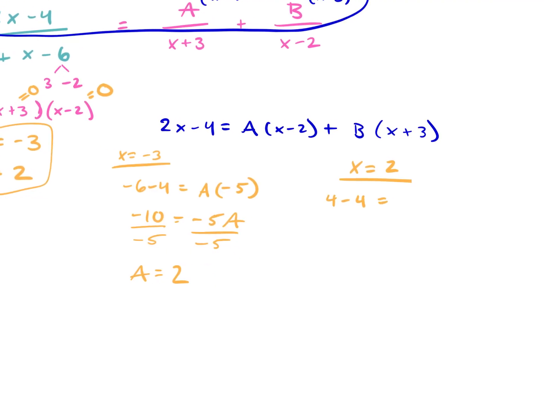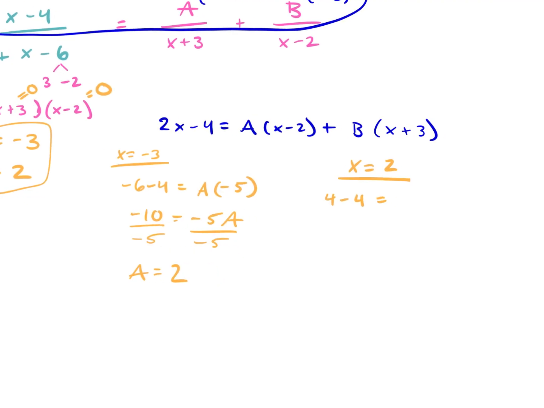I made these numbers up, so it's not going to work out, but it's fine. We'll just keep working. 4 minus 4, it's equal to, the a is going to cancel. We have b times 2 plus 3, so 5. 4 minus 4 would be 0, equals 5b, divided by 5, b equals 0.